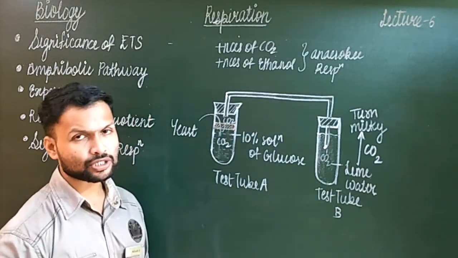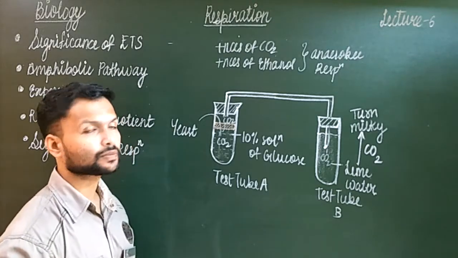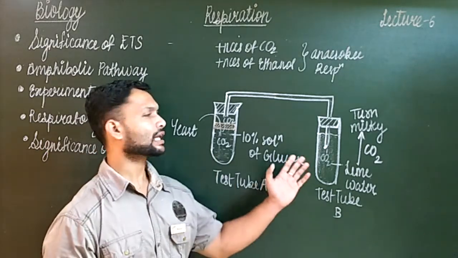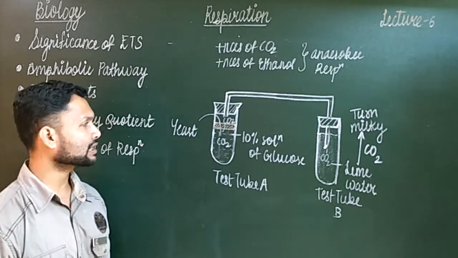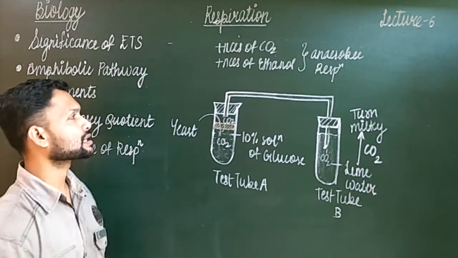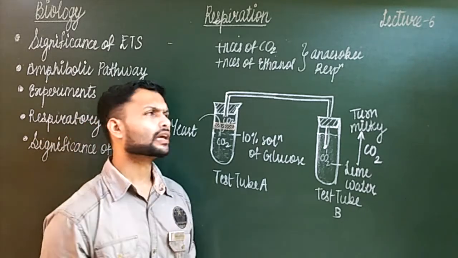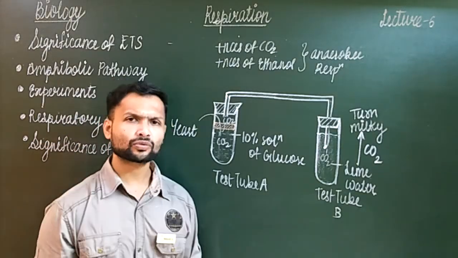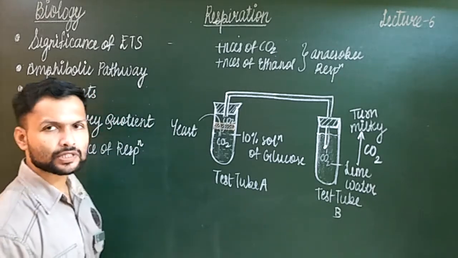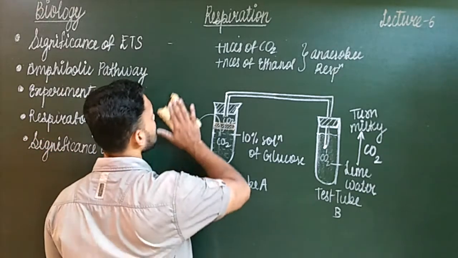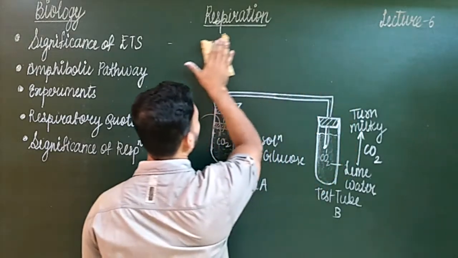So this is a confirmation that yeast has performed anaerobic respiration, because we have got alcohol as well as CO2 as products and byproducts. So this confirms that yeast performs anaerobic respiration in the absence of air. In the presence of air, it will do aerobic respiration only. So first experiment, hope so सबको समझा होगा how it works. Let's see the second experiment.